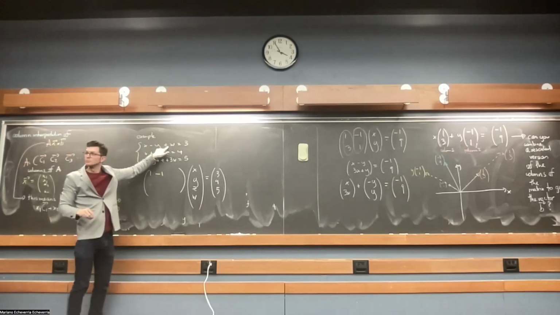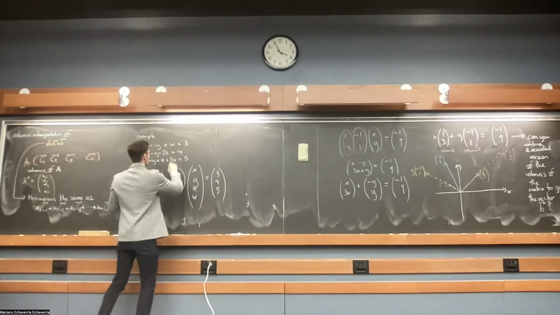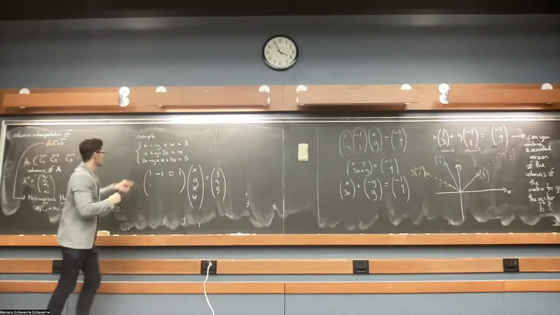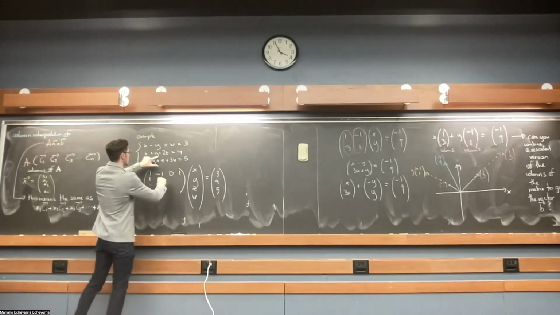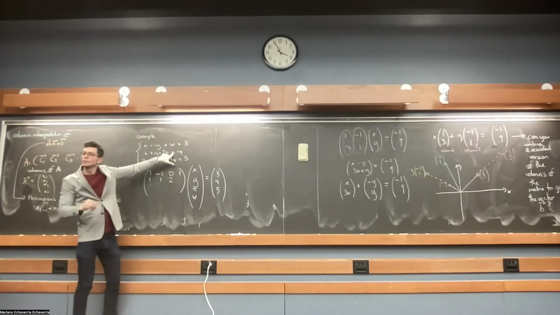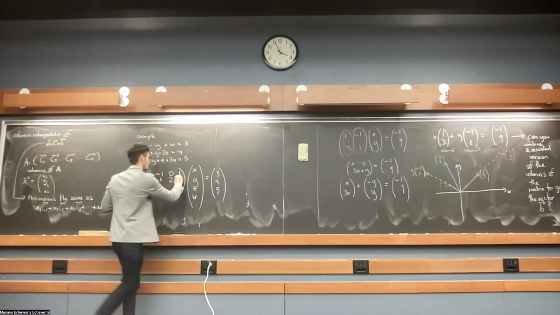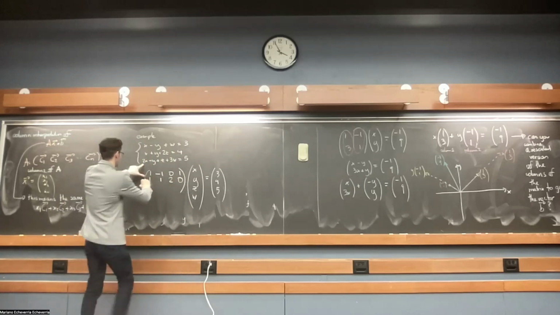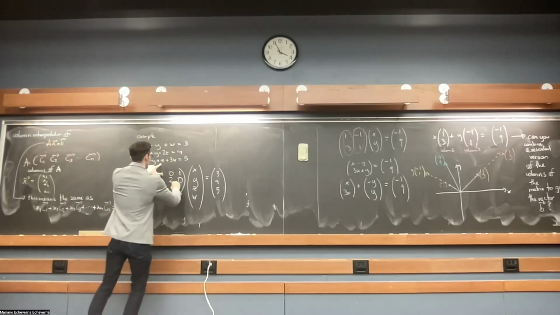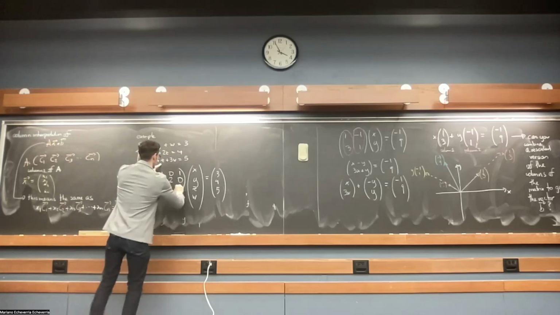What should I put for Z? 0, because I don't see it. And what should I put for W? 1. And then I put 1, 1, 2. And now I don't see W, so I should put 0. And then I put 2, -1, 1, 3.